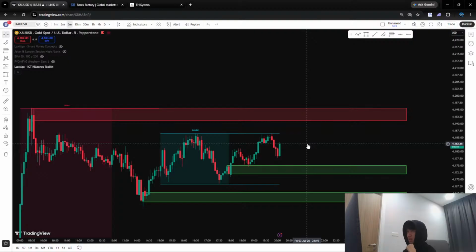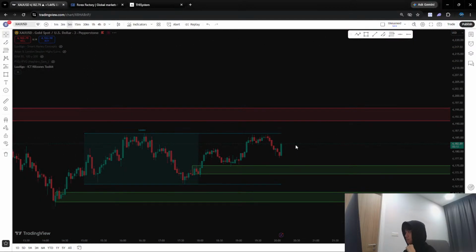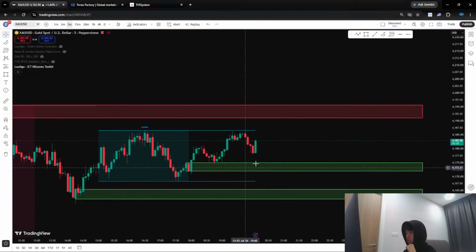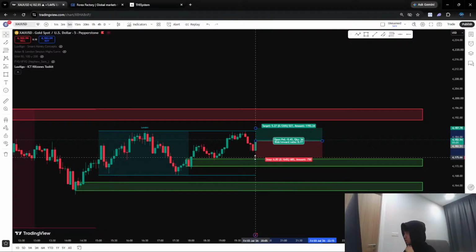So let's see after this candle closes what we can do with this market. If it closes above, I will give a buy as well for the people that are not in my community and just joined the stream.